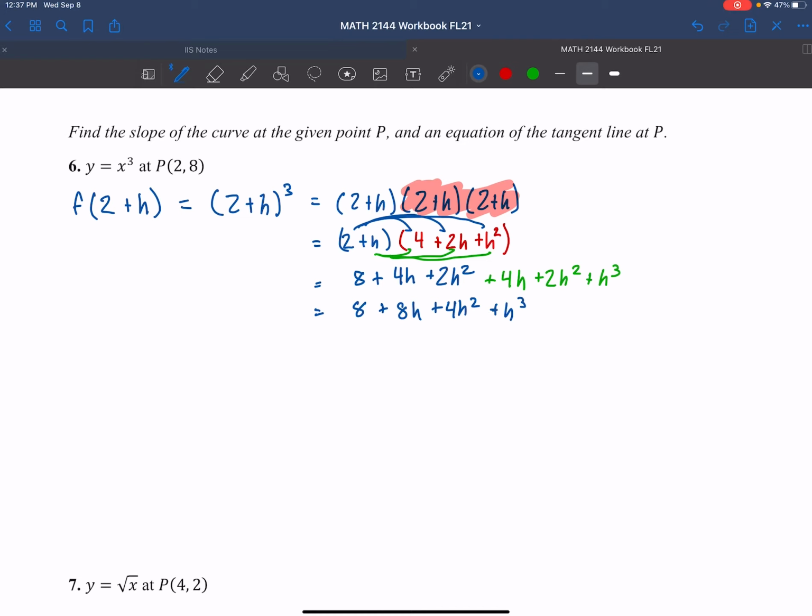There's the distribution process with the cube if anyone was having trouble with it. Yeah. When you first distribute the 2 plus h in parentheses, would it not be 4h?